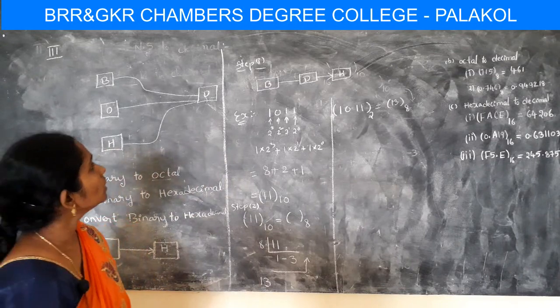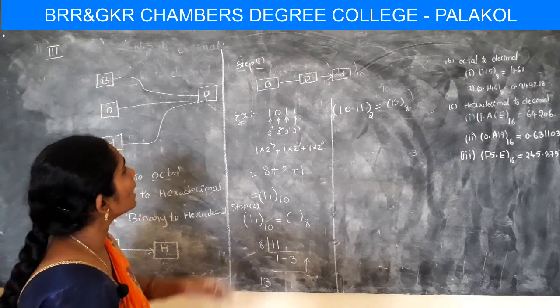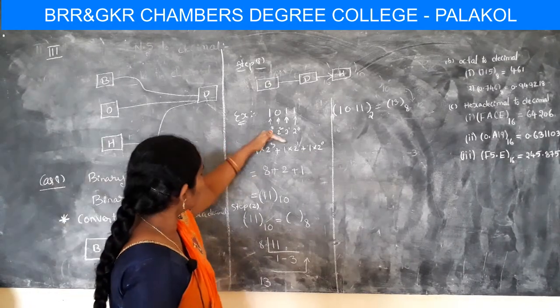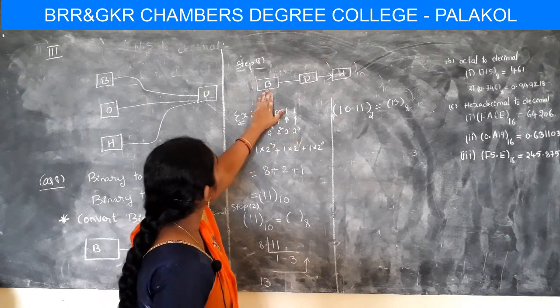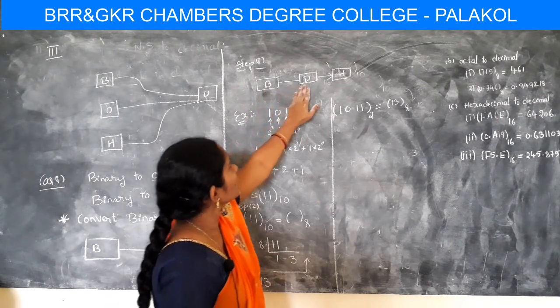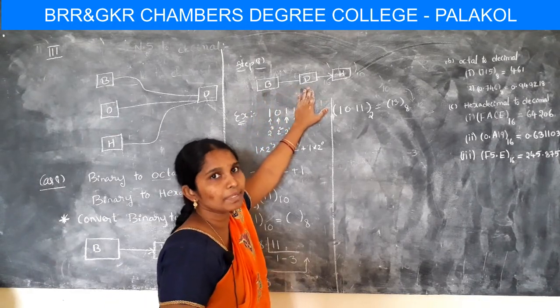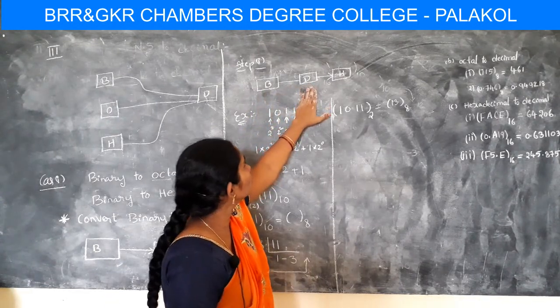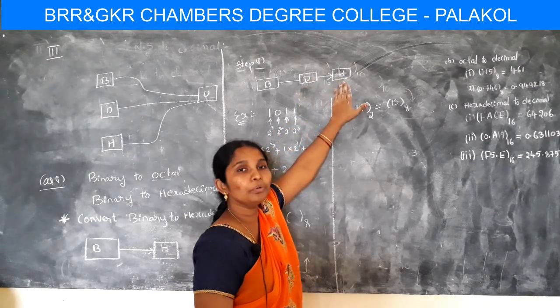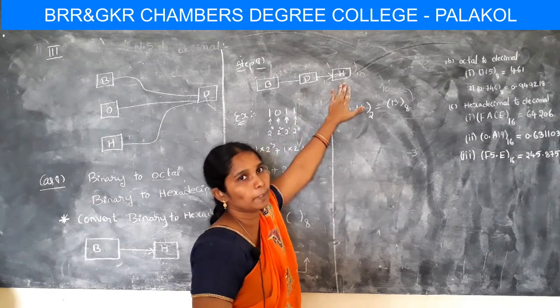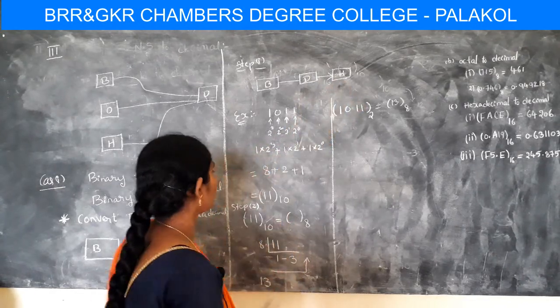For example, I will take one question here. First of all, the binary number is converted into a decimal number. After that, this decimal number is converted into a hexadecimal number.